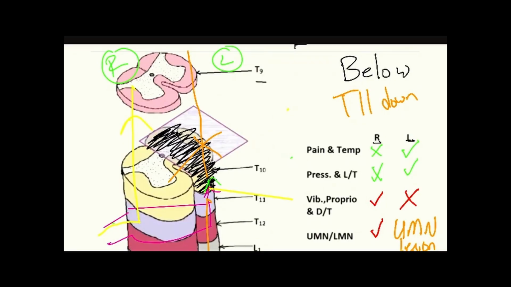We'll get to that, but it's going to be at the level. Because at the level, if you think each level is an outlet, and at this level, I obliterate that outlet, I destroyed the lower motor neuron and the upper motor neuron in a way, so the lower motor neuron won't work, which we'll get to in a second. So this is below.